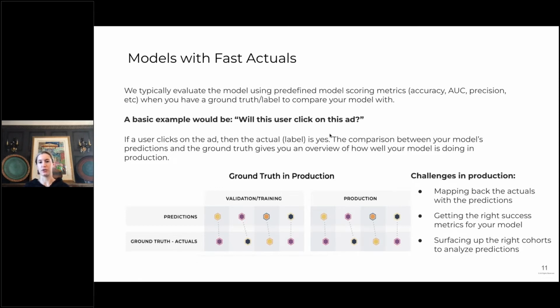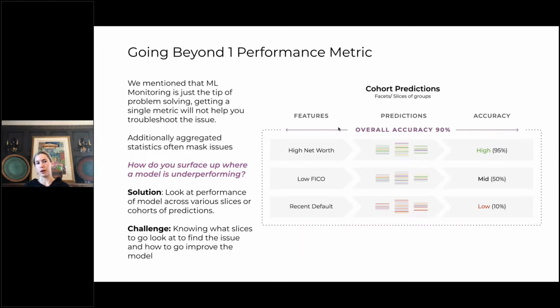Challenges in production do include trying to map back that actual with its prediction, choosing the right success metrics for your model, and then also trying to surface up individual features or cohorts to analyze these predictions. So going beyond the one performance metric, while you definitely need these performance metric monitors in place, just having an aggregate statistic isn't always enough.